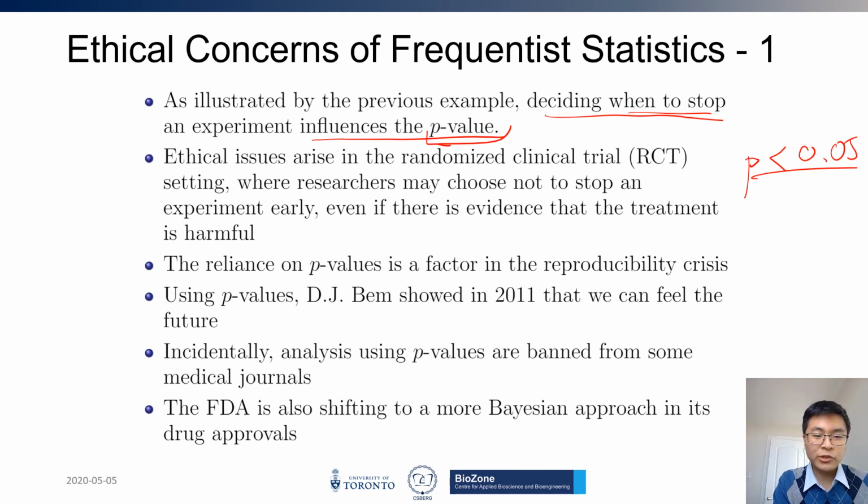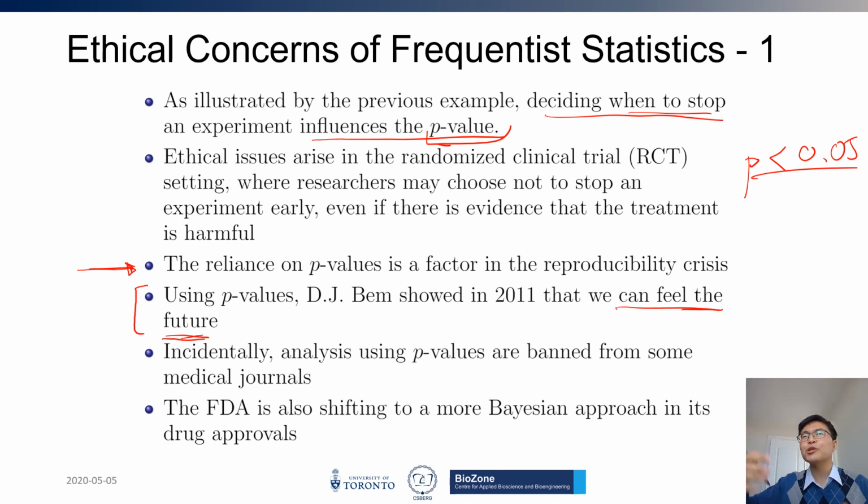And this has been shown many times in the literature where the reliance on p-values is contributing to the reproducibility crisis in science. One example is where in 2011, someone showed that using p-values, using all the right math and using all the right calculations and tools that most people use in the literature, they show that we can feel the future.